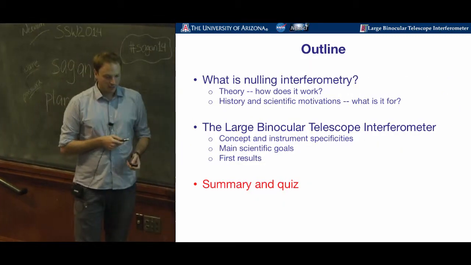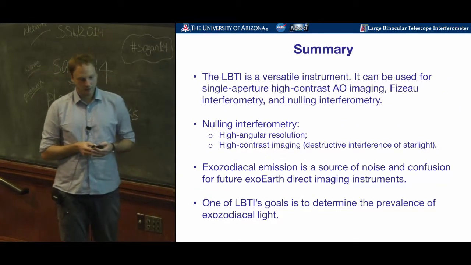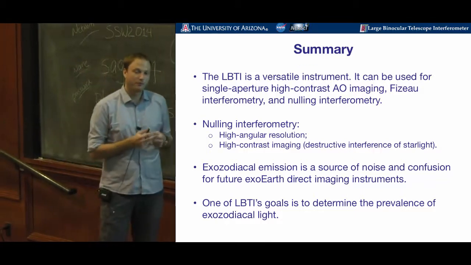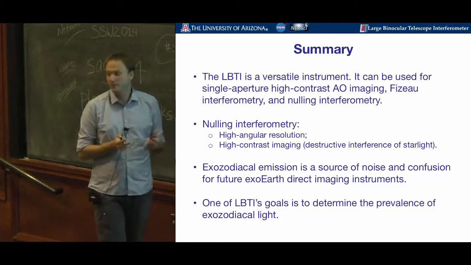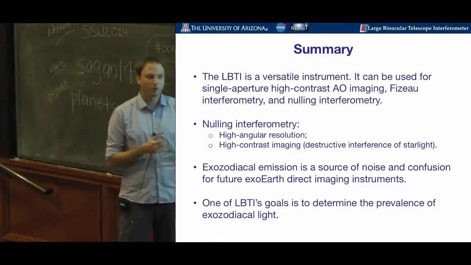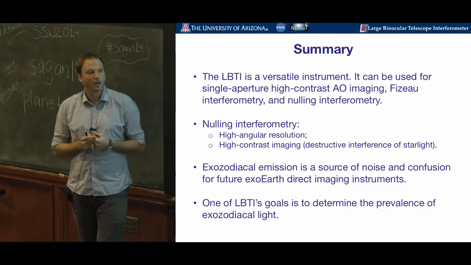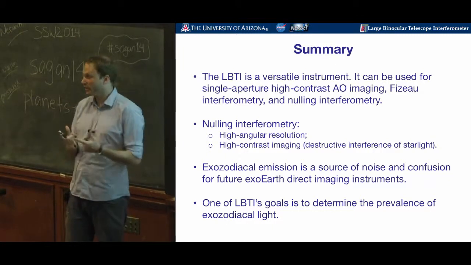Okay, so I'll summarize what I've presented today. So the LBTI is a really flexible and versatile instrument. It has many modes. We can do regular AO imaging with the redundancy of the two telescopes. We can do Fizeau interferometry, nulling interferometry.